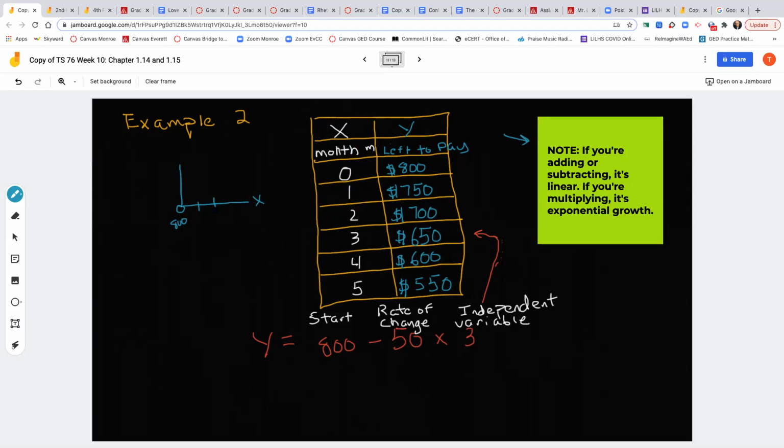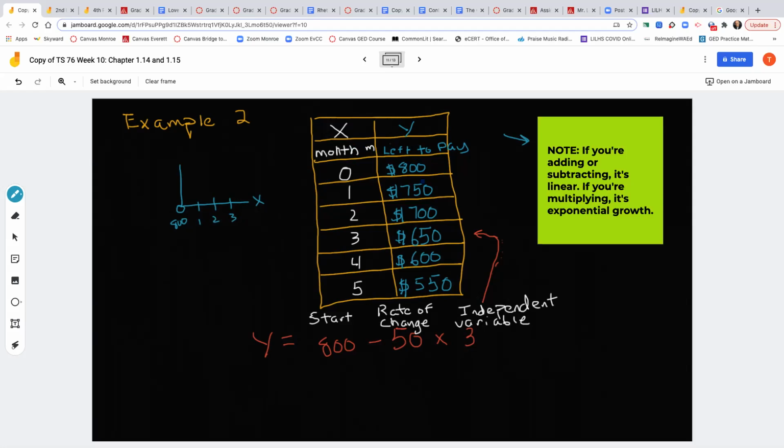Two months, I had 700. 3 months, 650. In this chart, this is the month, and that's the x value, the independent variable, 0, 1, 2, 3. And the y value is how much I have to pay off on my loan here, or my Visa bill or whatever.